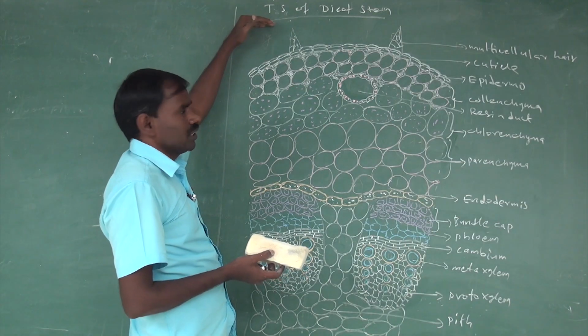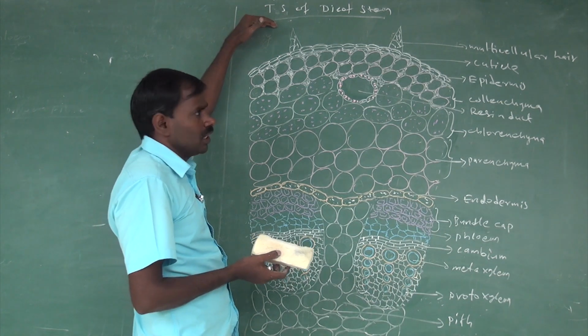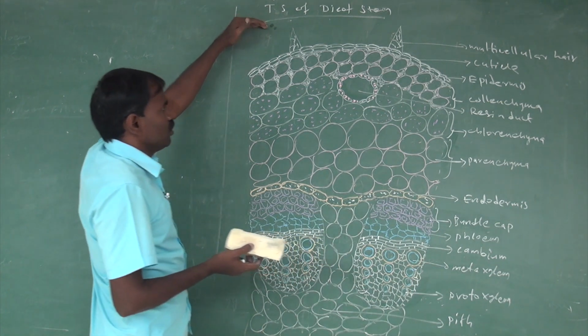Next I am going to discuss the transverse section of the dicot stem, for example Helianthus.